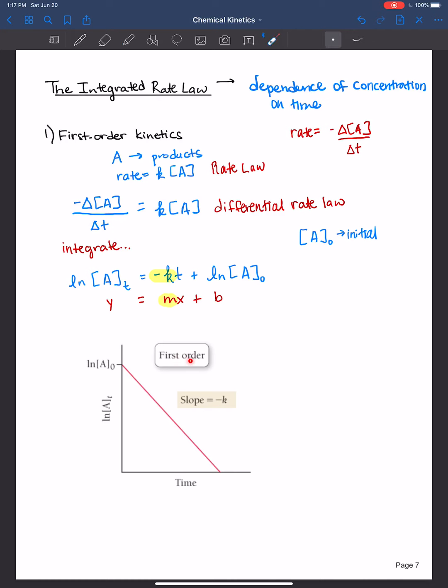This is first order kinetics. In addition, something else to make note of is that y is the natural log of the concentration of A at a specific point in time.